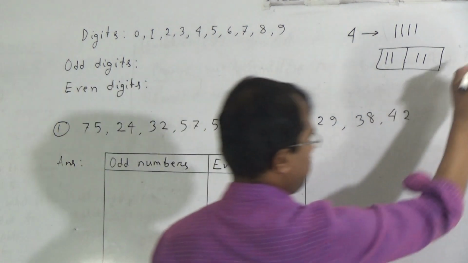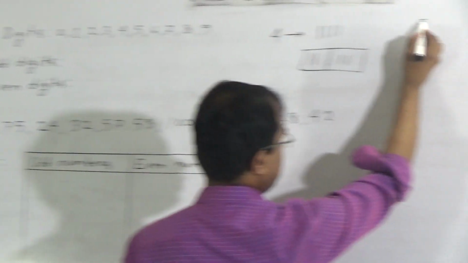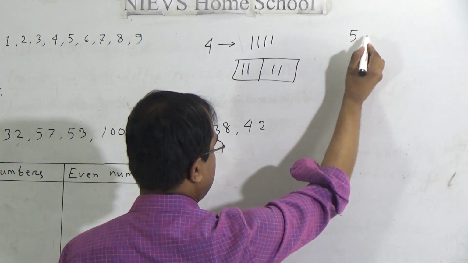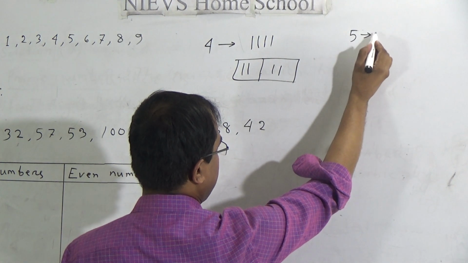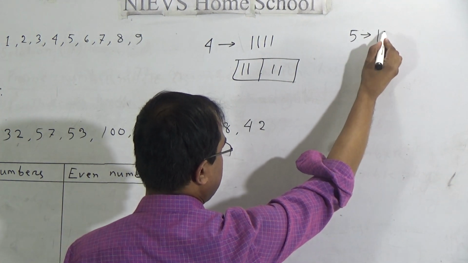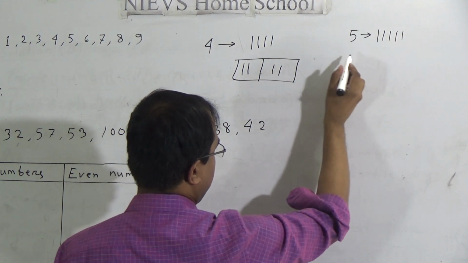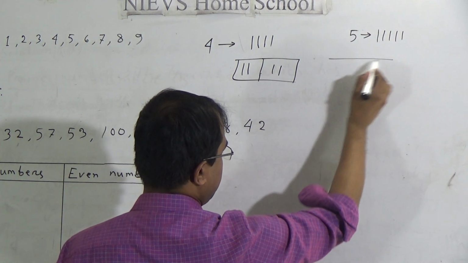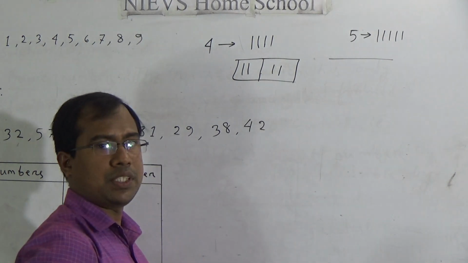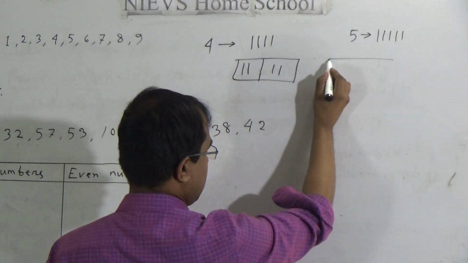If we take 5, we can denote this 5 by 5 sticks, 1, 2, 3, 4 and 5. Now we are trying to divide these 5 sticks into two equal parts.